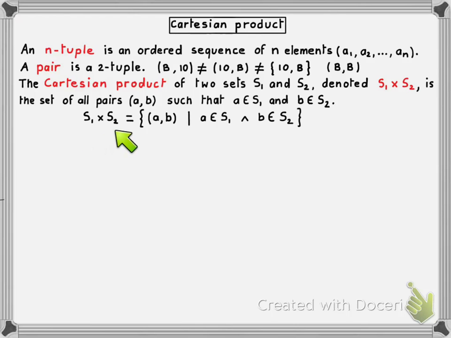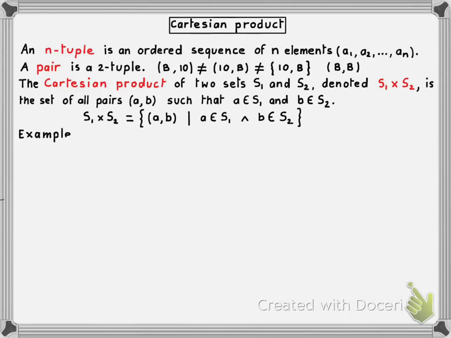S1 Cartesian product S2 is by definition the set of all pairs A comma B, such that A is an element of S1 and B is an element of S2. Make sure you're comfortable reading that set builder notation by now.